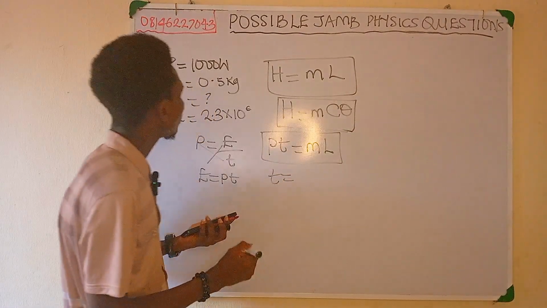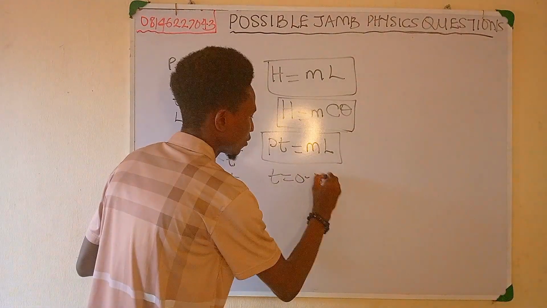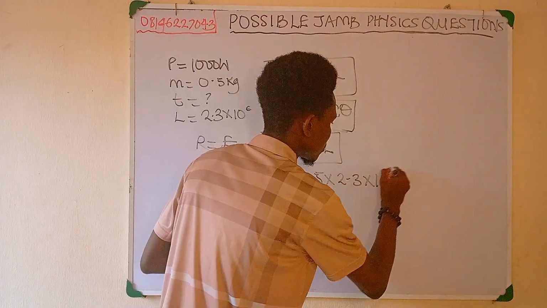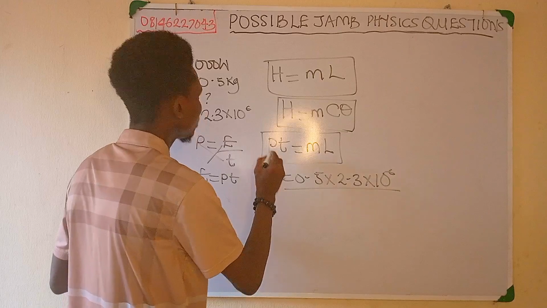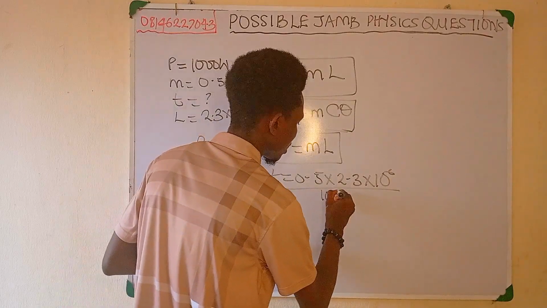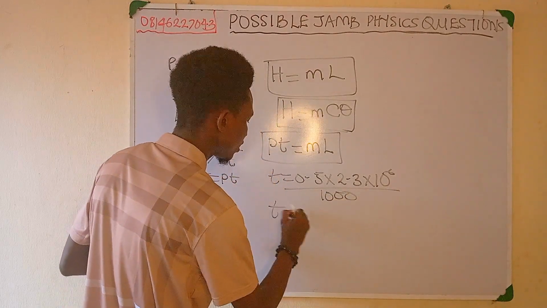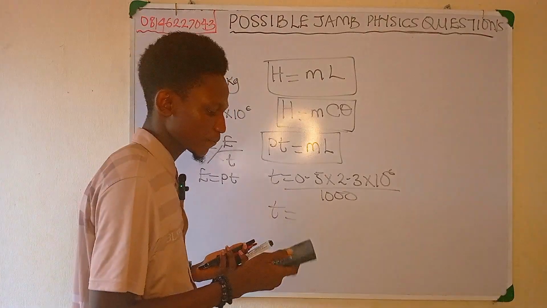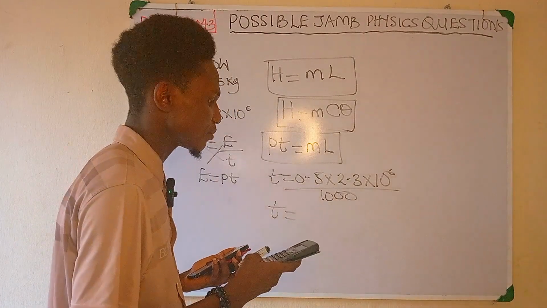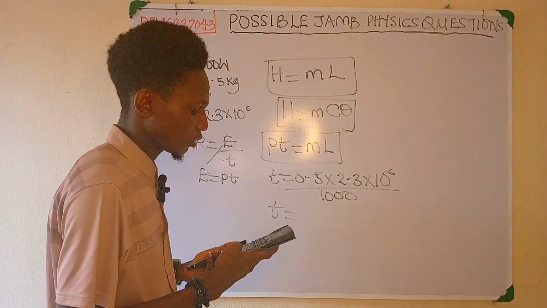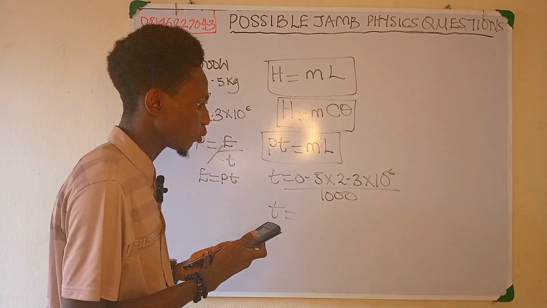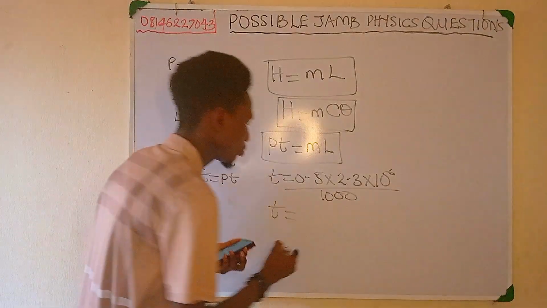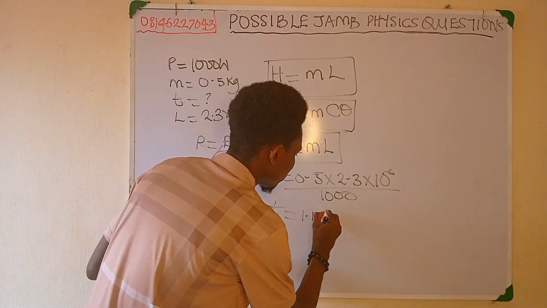So T equals, what is mass? 0.5 times 2.3 times 10 to the power 6 divided by, what is power? Power is 1000. So from there you have T equals, if you punch this on your calculator, what do you get? 0.5 times 2.3 gives you 1.15.